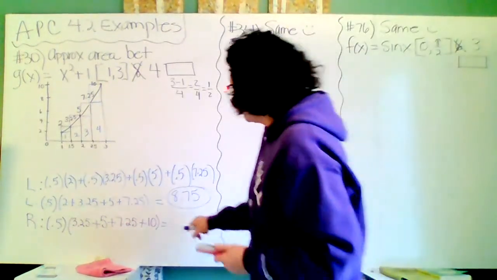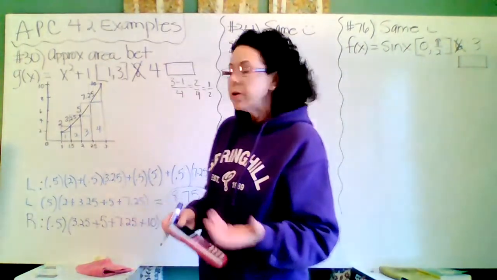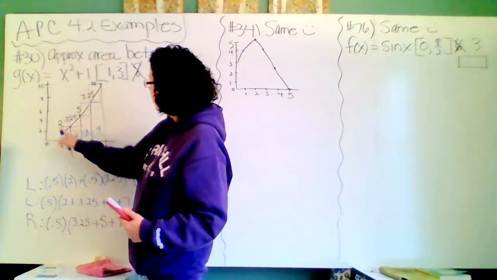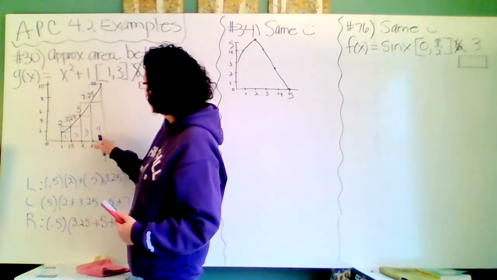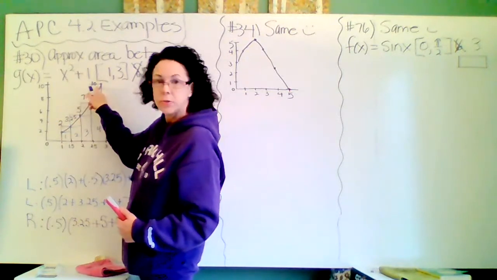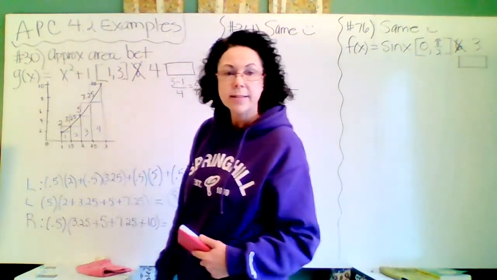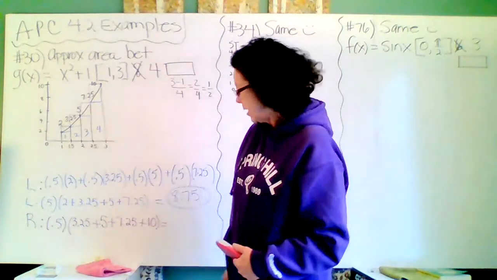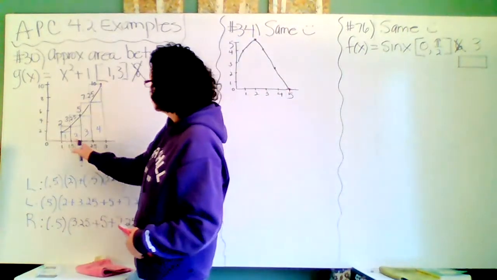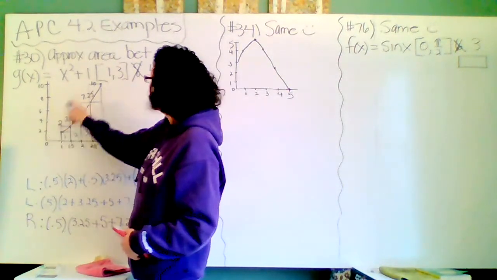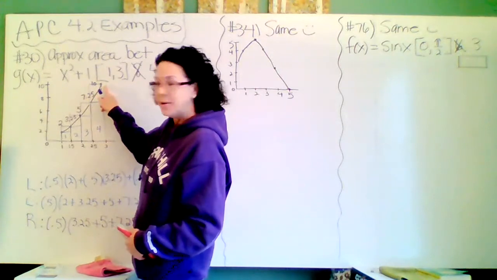Let me also point out before I put this in, that really what I did is when I did the left-hand rectangles, I had 4 rectangles, 1, 2, 3, 4. So I used the left-hand heights, 1, 2, 3, 4, and did not use the one most on the right, the 10. Notice when I did the right hand, then I still had 4 rectangles, 1, 2, 3, 4, but I dropped off the leftmost 2 and put on the 10, right?